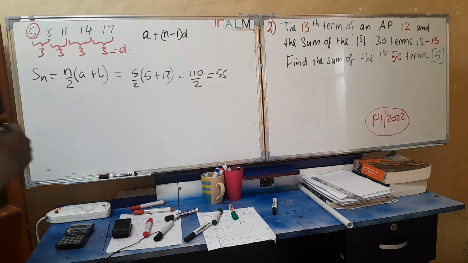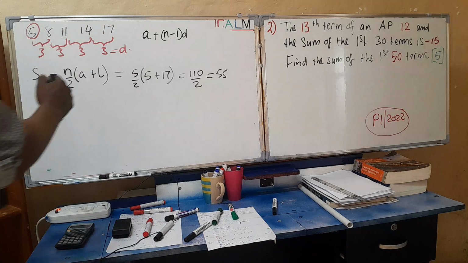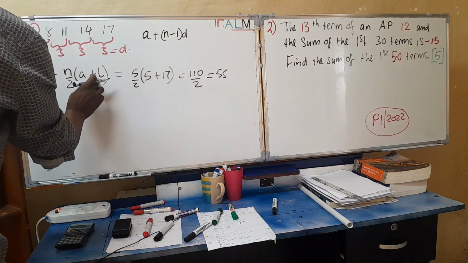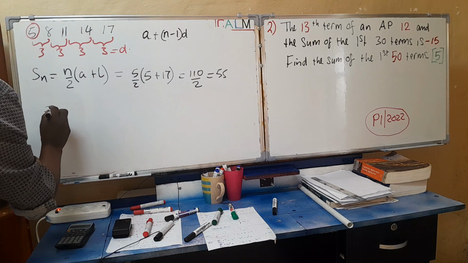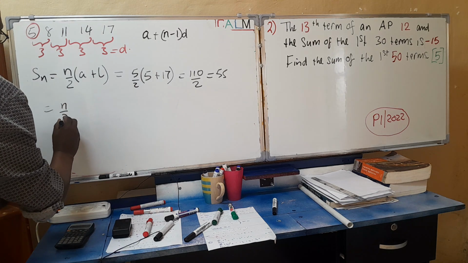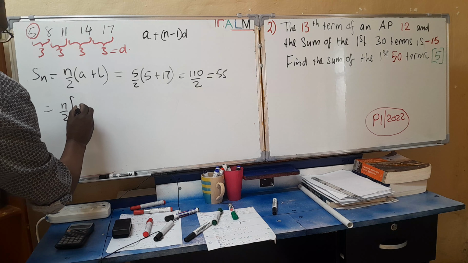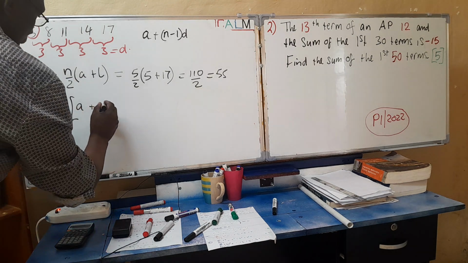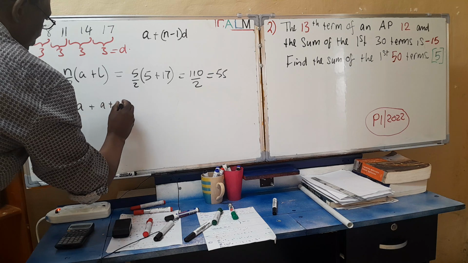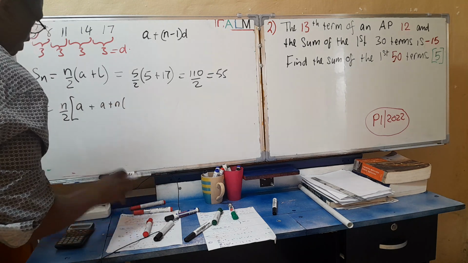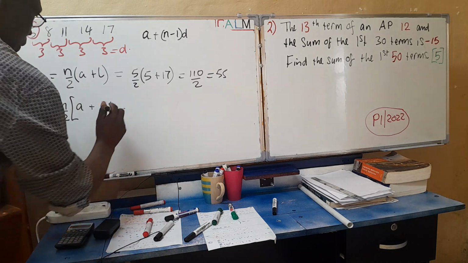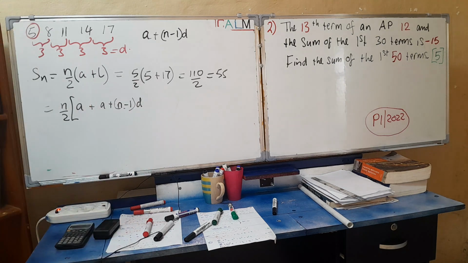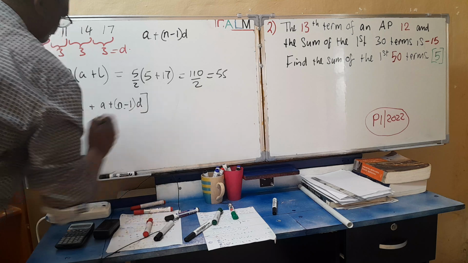We can play around with this formula because we know that the last term L is given by this. So instead of L, we can write Sn is equal to n over 2, big bracket, a, the first term, and then the last term will be a plus n minus 1 bracket d, big bracket there.